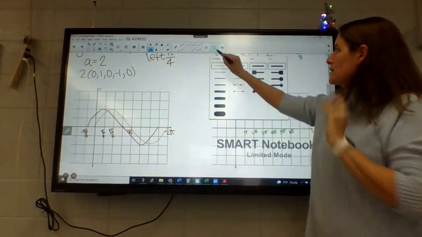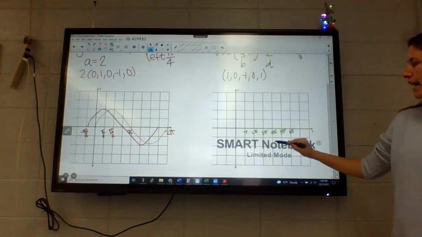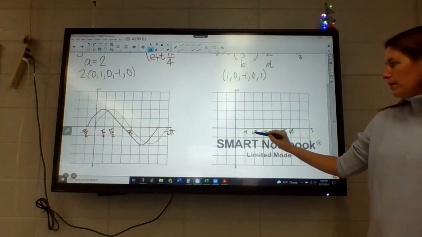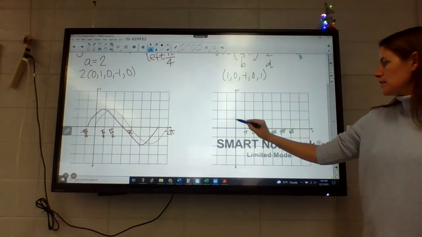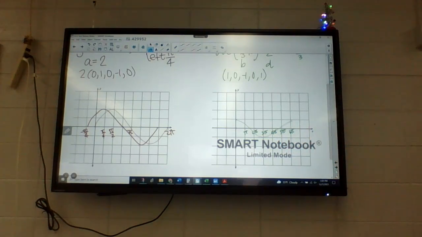So again, I'm going to do my dotted line here. So it's going to start at 1, end at 1. And in the middle should be -1, and then between there it should hit 0. So this is cosine. It's our typical cosine graph.